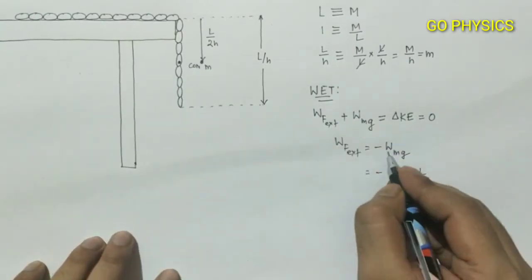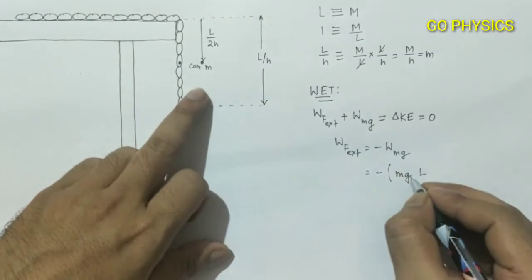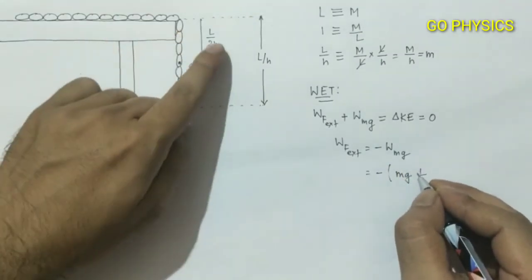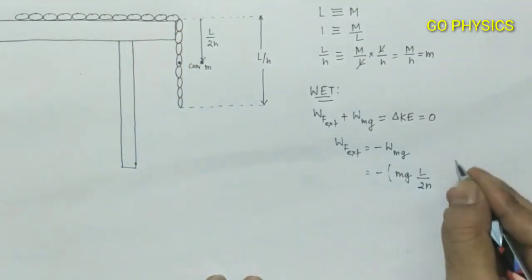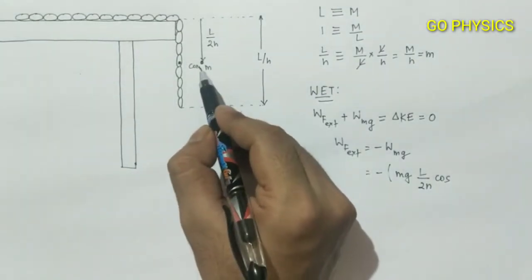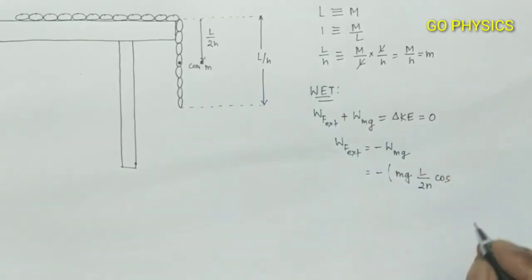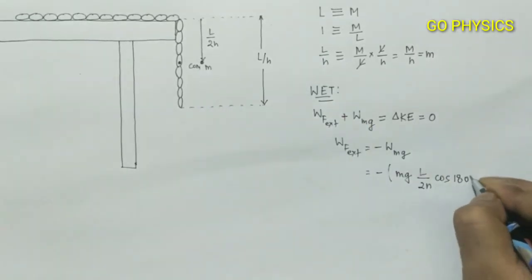So what is the work done by gravity force? Gravity force mg into displacement, which is equal to L by 2n, into cos theta, where theta is the angle between gravity force and displacement. Gravity force is downward and displacement of the center of mass is upward. So here the angle is 180 degrees.